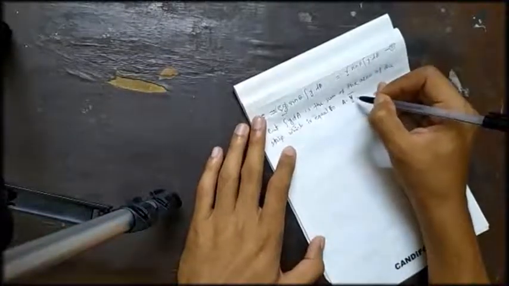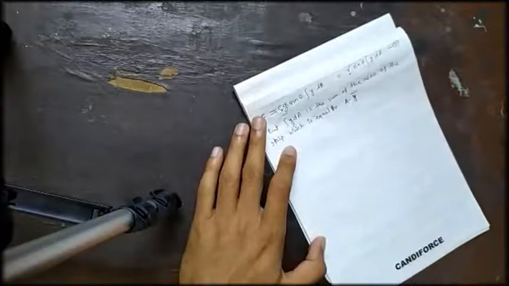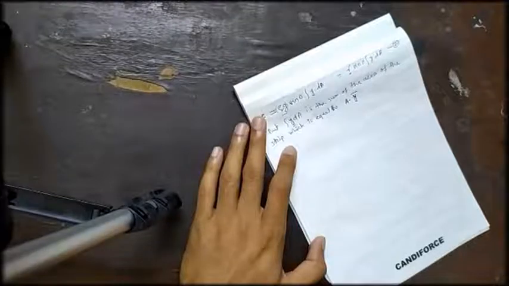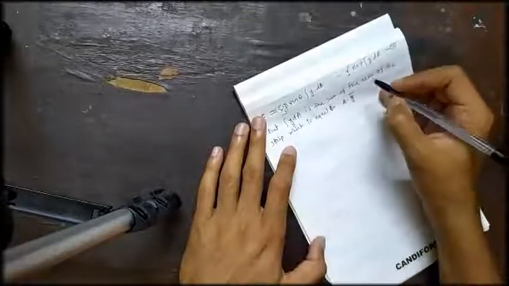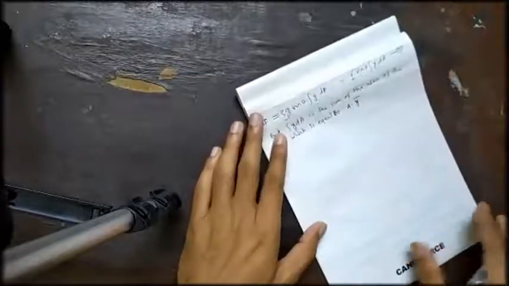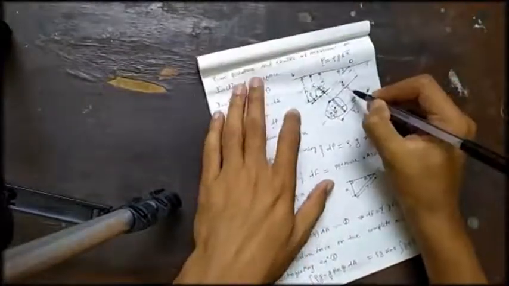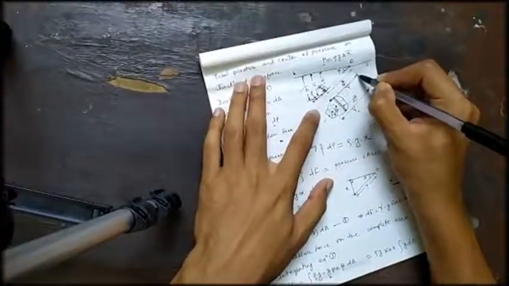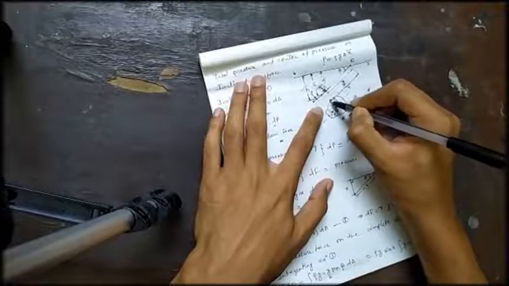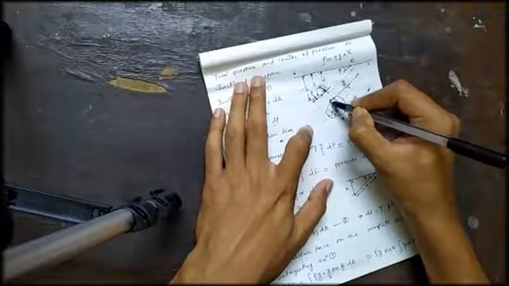What is our y bar? Y bar is nothing but the distance of the CG from the point O. We have already studied this. So this is our y bar, the distance from O up to point G. You can find this point G over here, and from this to this is our y bar.